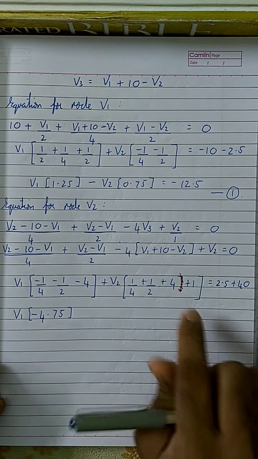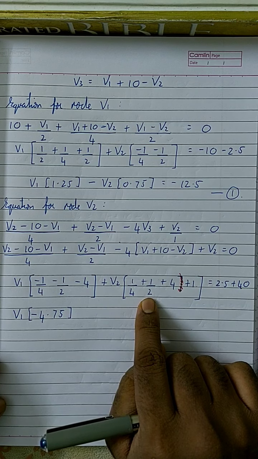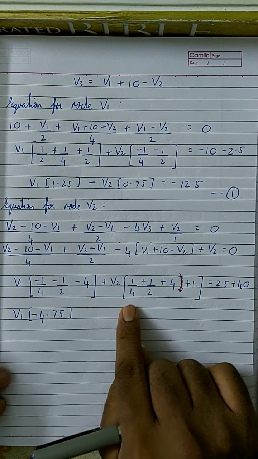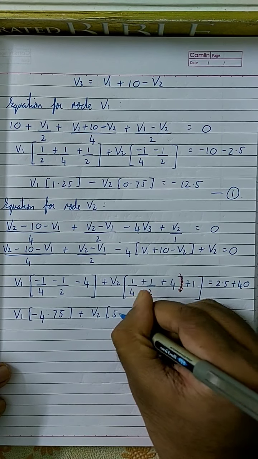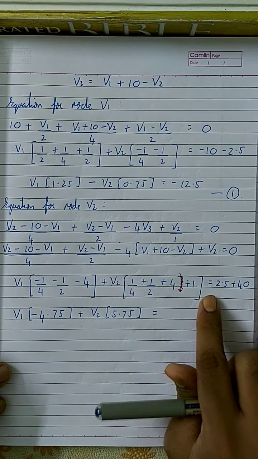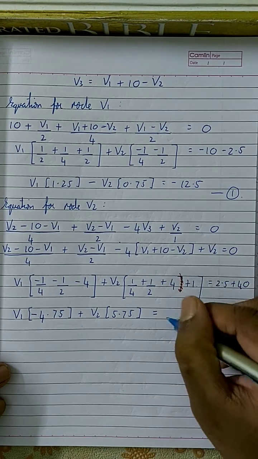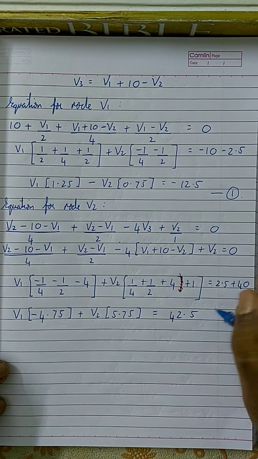And what about this case? Here this 4 plus 1 is 5. 5 plus 0.5 is 5.5. 5.5 plus 0.25 is 5.75, which means this is nothing but V2 into 5.75 is equal to, what about this? This is 42.5, right? There you have the equation.